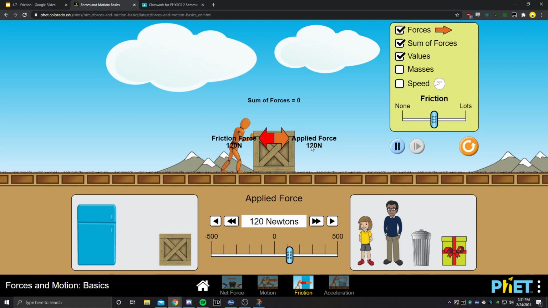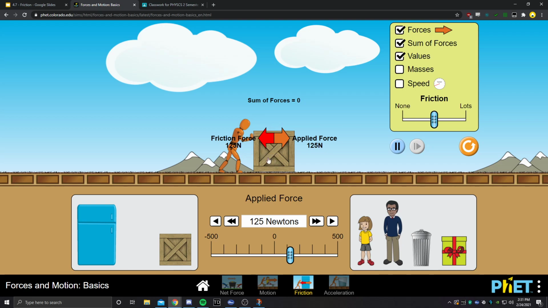If I apply a force of 120 newtons, the object will still not move because the frictional force is 120 here, right? And so there's a maximum static frictional force that you must overcome to get the object to start moving.